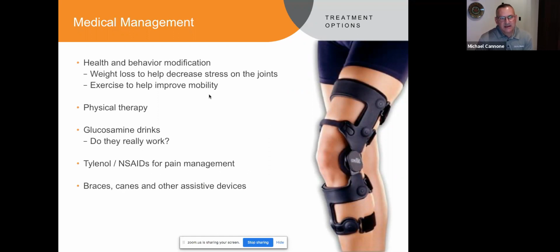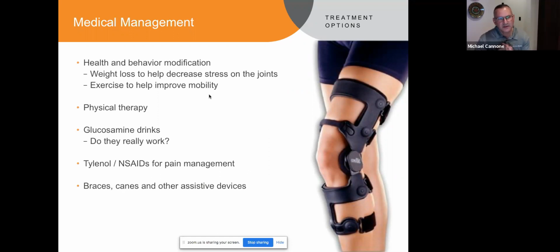And then exercise to help improve mobility in the joint and flexibility. I just read a recent article, and it's kind of counterintuitive because the more active that you can be, the more controlled your arthritic symptoms are. The more sedentary that you are, the more symptomatic you become.